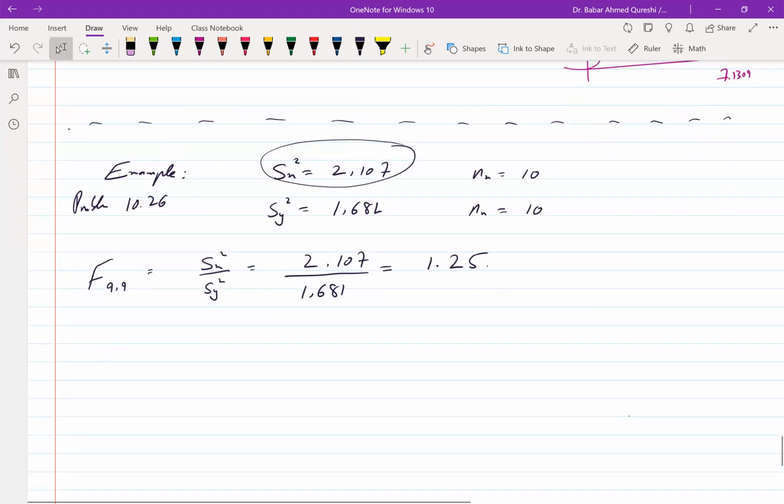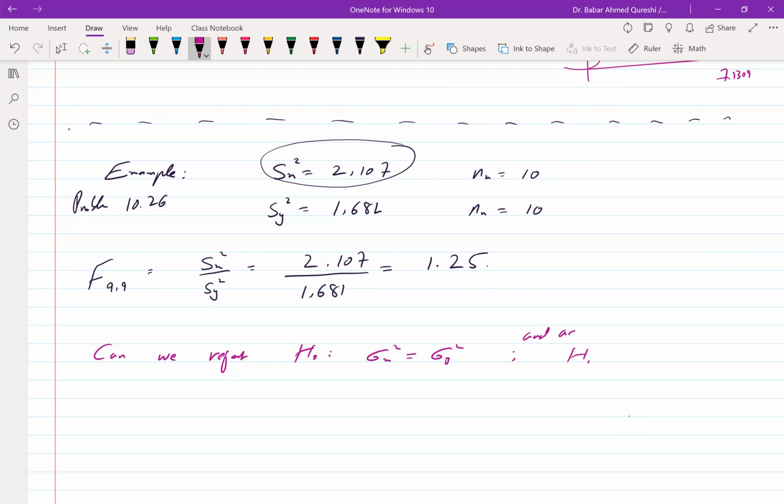Now we can look up through the table. Can we reject H0 and accept H1, which is, as per our evidence here, I must take this alternate, at alpha equal to 0.05.